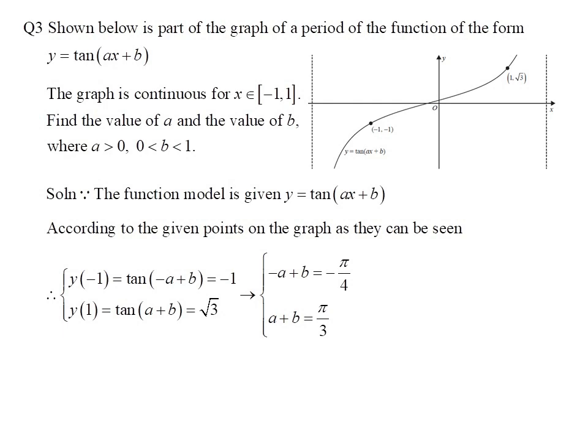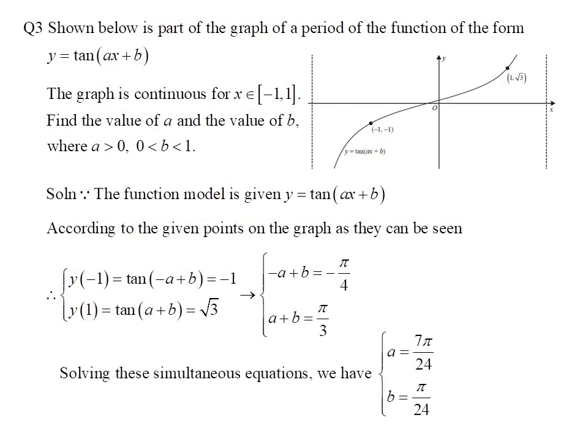Hence, the equations can be simplified to -a plus b equals -pi over 4, and a plus b equals pi over 3. Solving the two simultaneous equations, we obtain a equals 7 pi over 24, and b equals pi over 24.